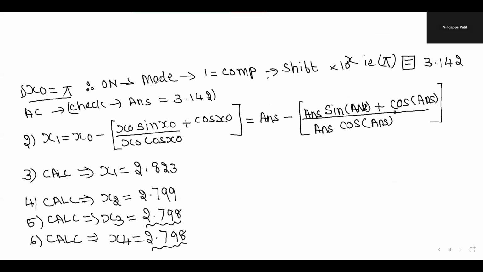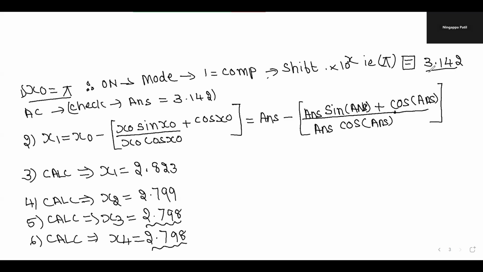Now, my dear students, on the calculator, press the mode button, then one button, that is COMP, and shift, and look here, the 10 raised to x. If you press shift and this 10 raised to x, you get 5. And the equal to button. And in the display of the calculator at the bottom, 3.142.